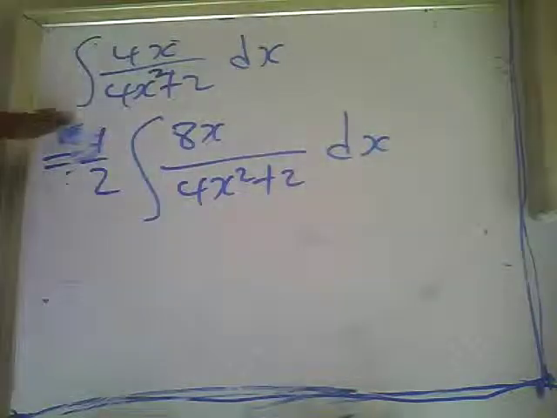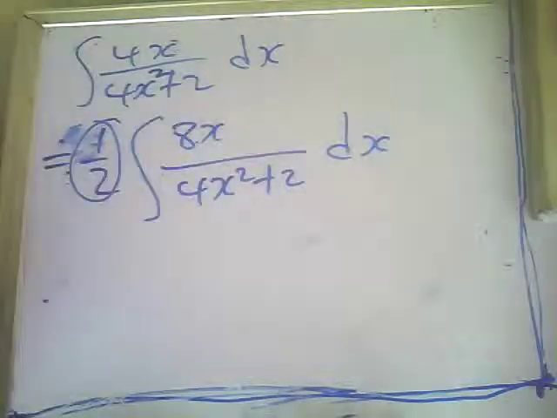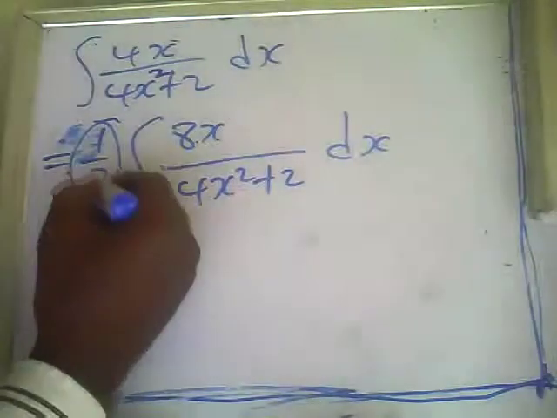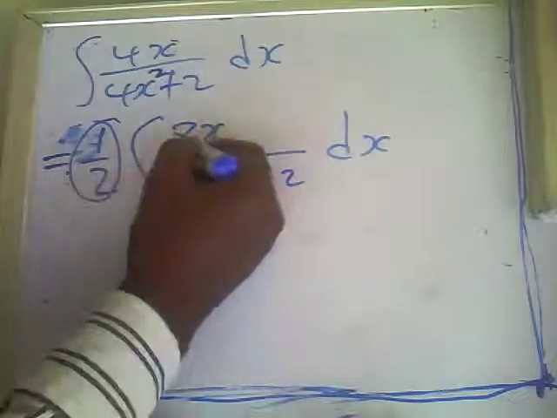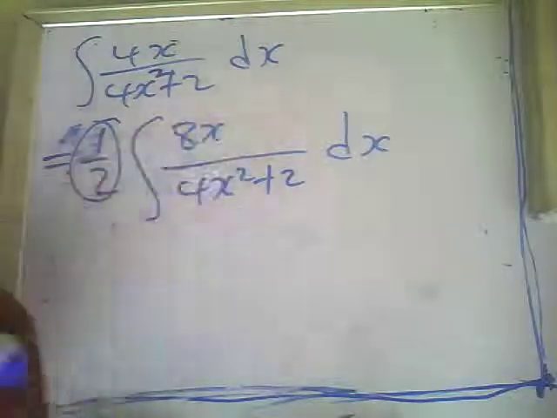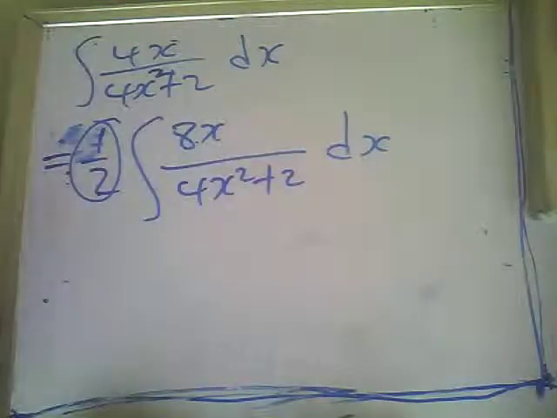Now you may ask me, why the half here and why 8x here? When this 2 divides the 8, we have 4, so we still have 4x. That is to help us carry out our integration.